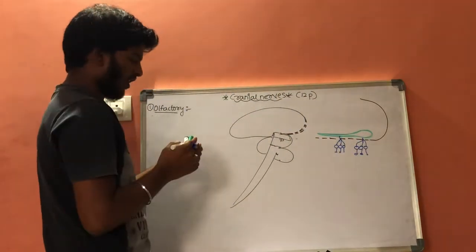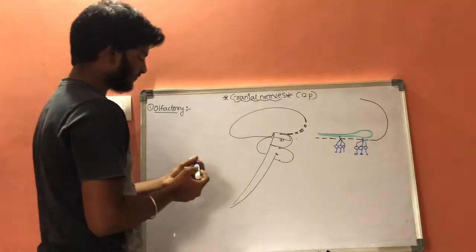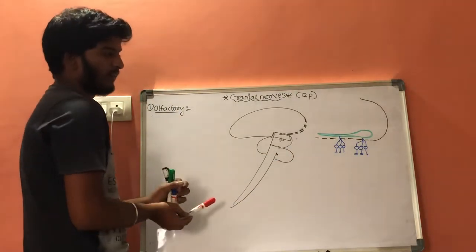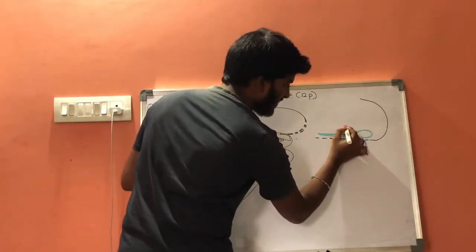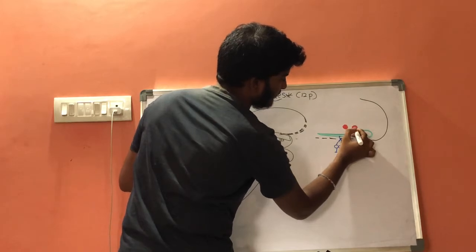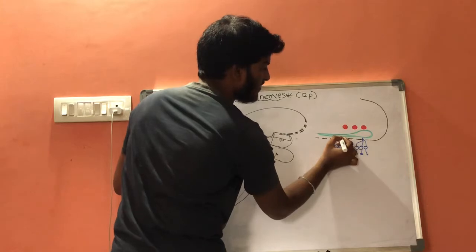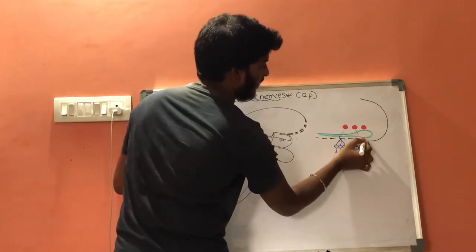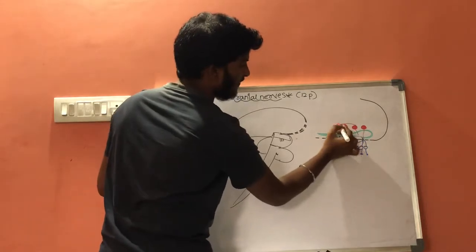Now, all these bipolar cells unite together, and there is a special type of cell, the mitral cells. These bipolar cells will get attached to the mitral cells. Now, these mitral cells will form mitral fibers.